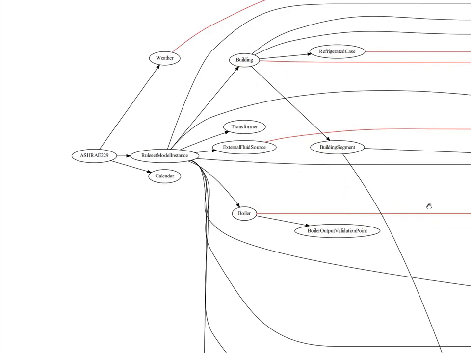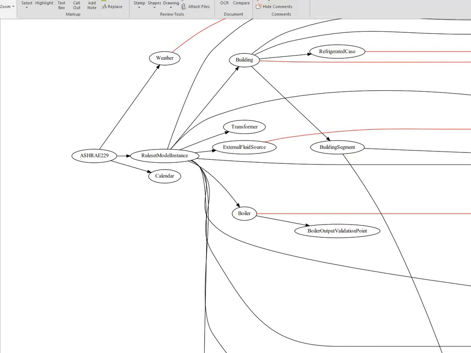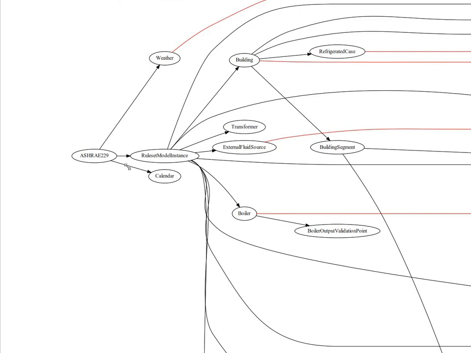So let's start with the root element of the schema so I can show you how everything is connected. The top level element is the ASHRAE 229 element, followed by its child element, the rule set model instance.